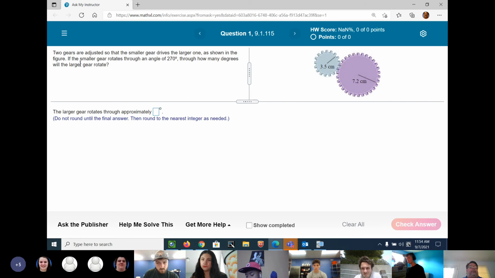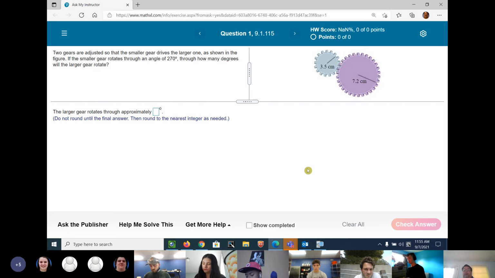And it says if the smaller gear rotates through an angle of 270 degrees, I'm going to take my red pen and draw 270 degrees right there. Through how many degrees will the larger gear turn?